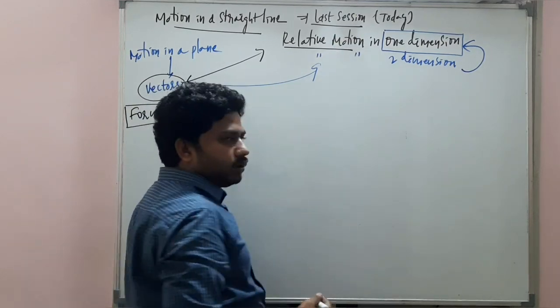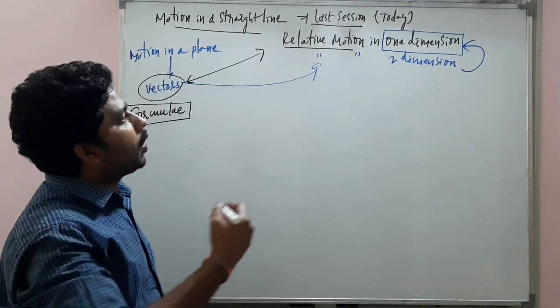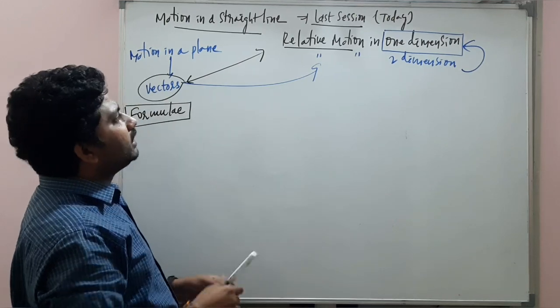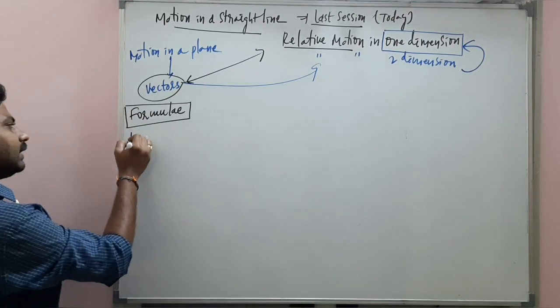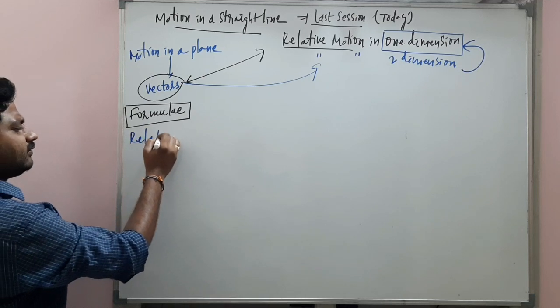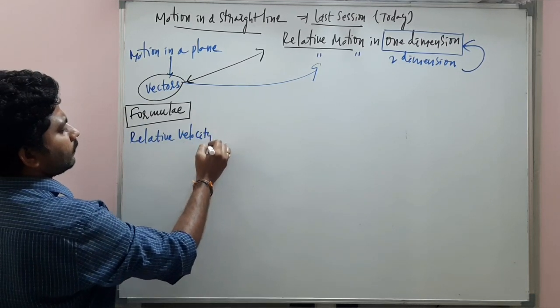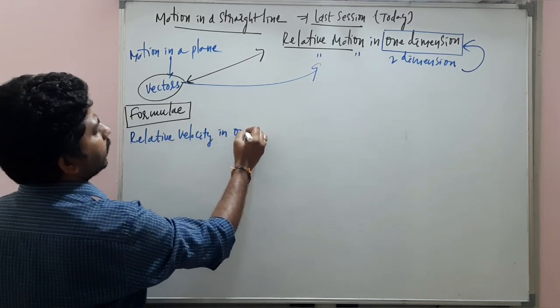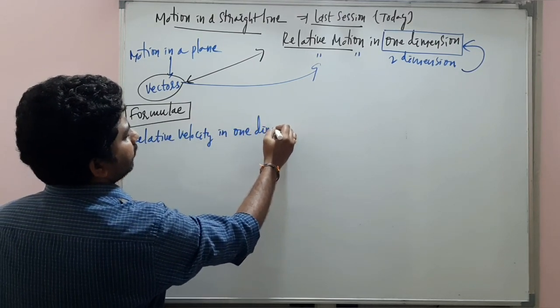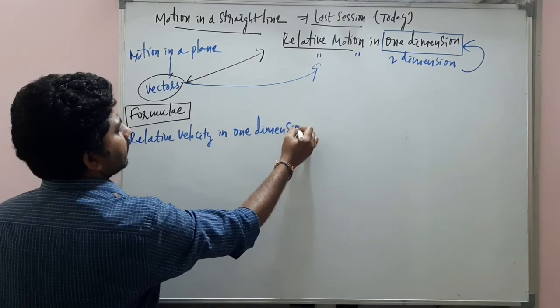Relative motion can also be named as relative velocity in one dimension. Understand? Relative velocity in one dimension.